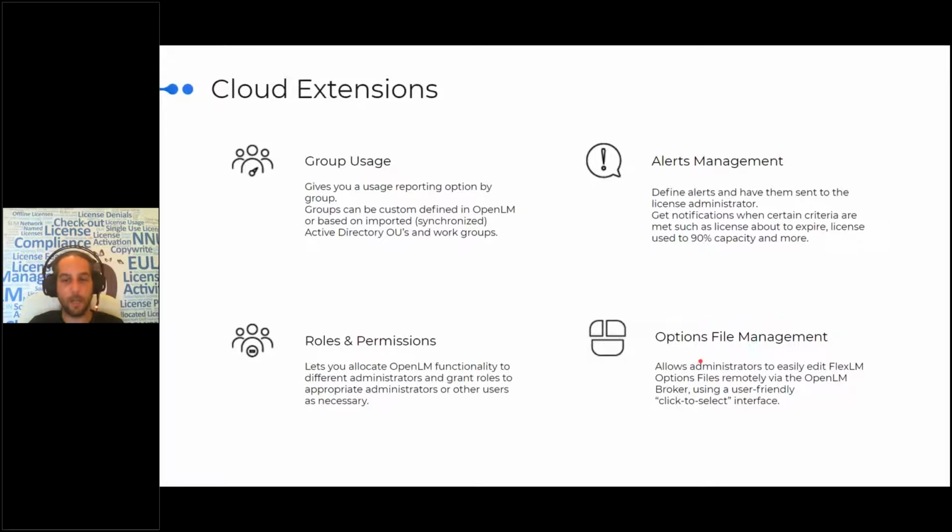You can modify the options file using the OpenLM interface. You don't have to do text-based editing. Roles and permissions mean that different users in the organization will be able to see different things in OpenLM. One is an admin, one is a user. You can assign different visuals to different users.